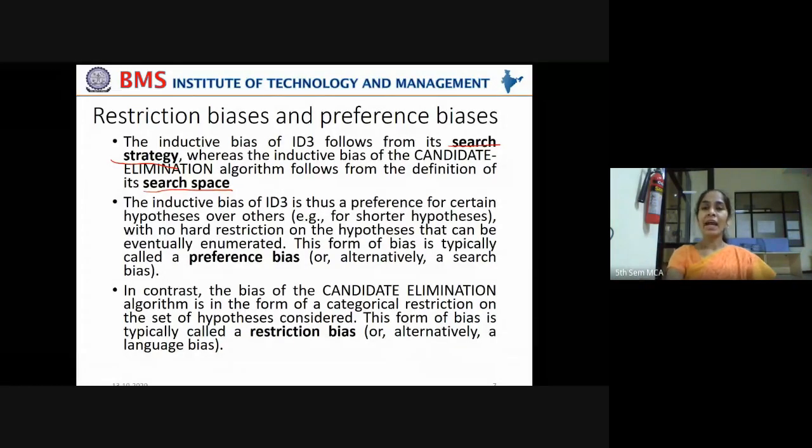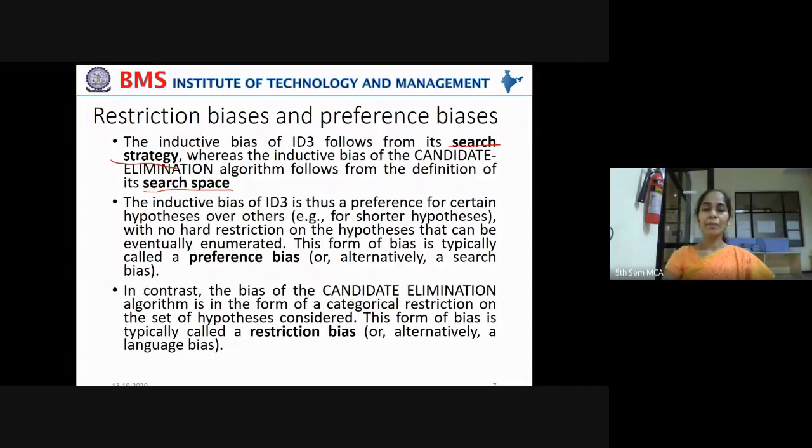But the candidate elimination algorithm's inductive bias lies in its search space itself, the set of hypotheses that lie in that search space. Remember, the version space will try to minimize the hypothesis space so that it contains only hypotheses that are consistent with the training examples, right? So the inductive bias of this candidate elimination algorithm is in the definition of the search space itself.